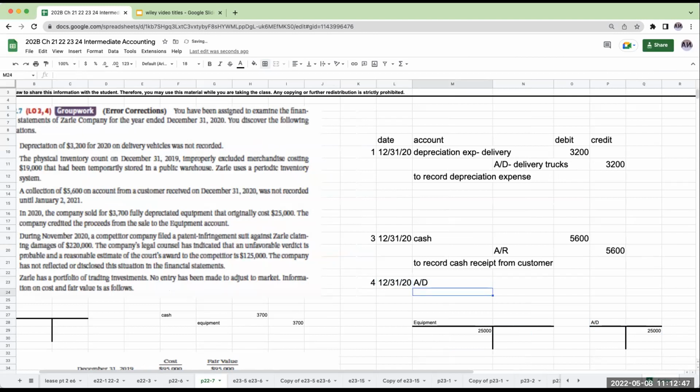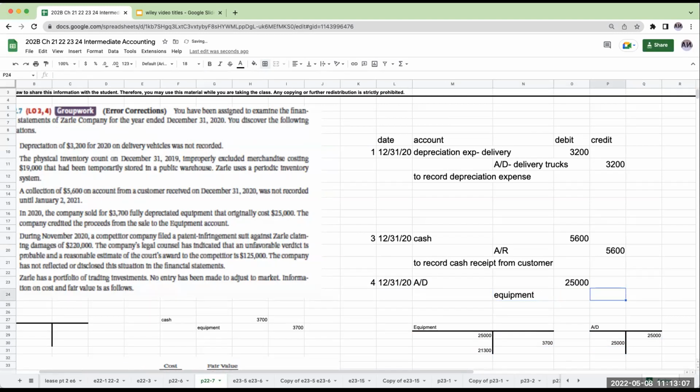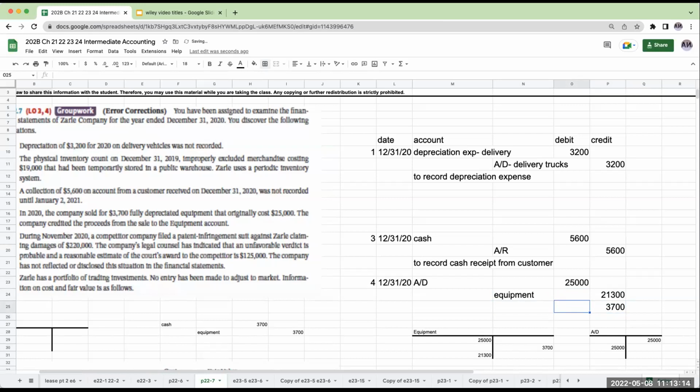I'm going to have to debit accumulated depreciation on equipment because I've got to take that off of the books. But if I credited the proceeds to equipment, I'm still going to need to take that equipment off of my books for $3,700. Now, in terms of $21,300, my balancing entry here is going to be a gain on sale of equipment.